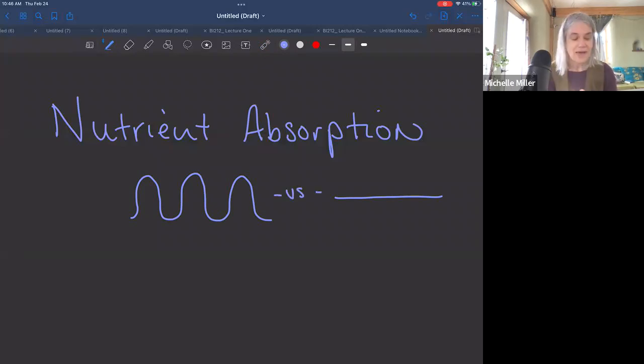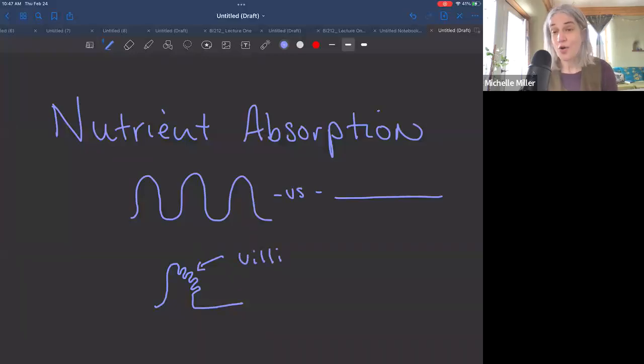The other thing about the small intestine is that on these folds, there are finger-like projections. Each of those folds has these finger-like projections, and these are called villi. Villi are only found within the small intestine.